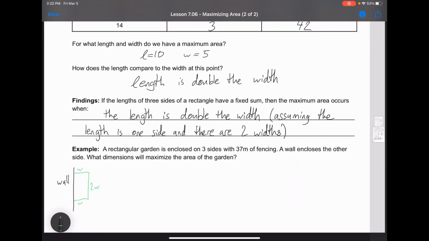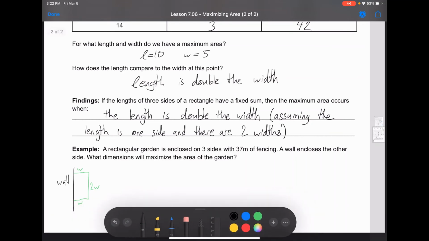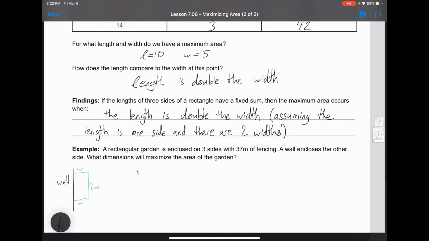Now we can go ahead and solve for the dimensions that will maximize the garden. So how do we do that? Well, we know W, the one width, plus the other width, plus the length, which is twice that, all those 3 pieces together have to equal 37 meters.